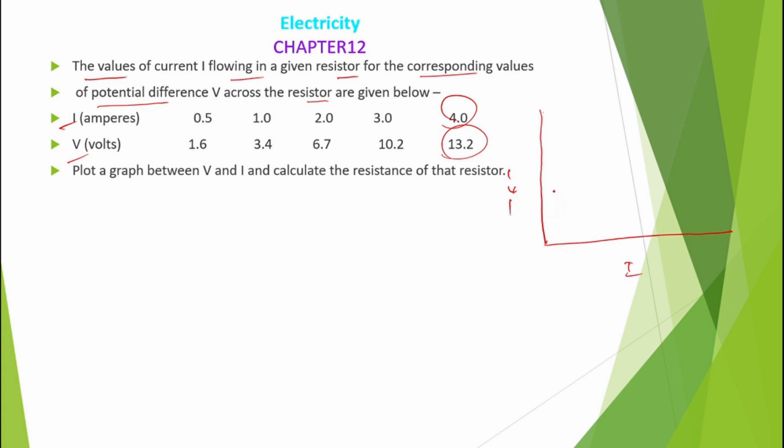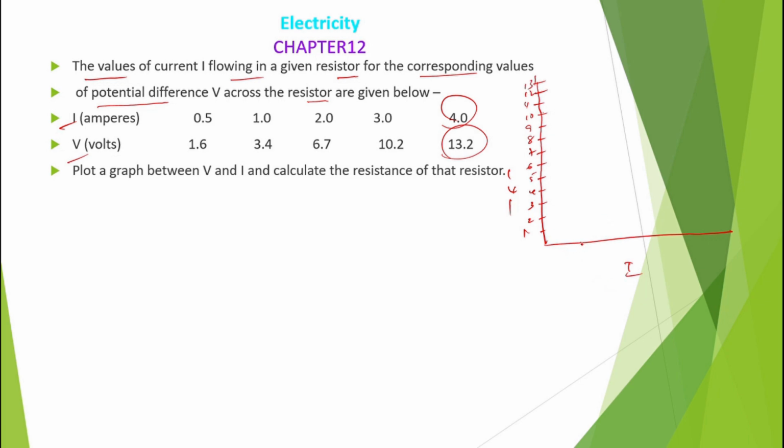Okay. So here up to 13.2 you have to make 1, 2, 3, 4, 5, 6, 7, 8, 9, 10, 11, 12, 13.